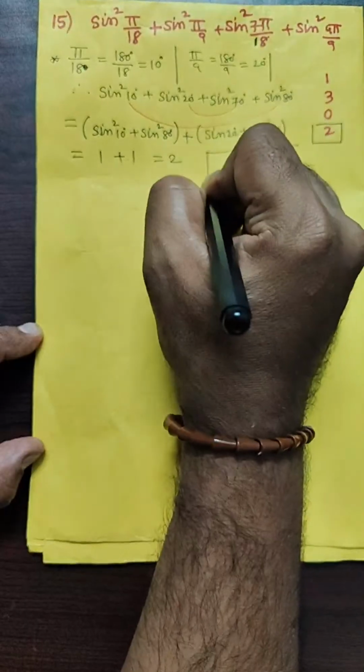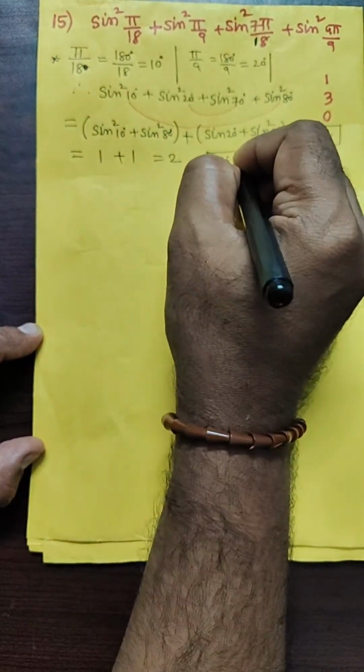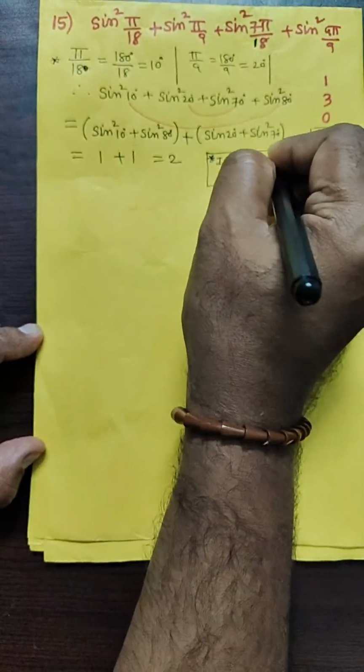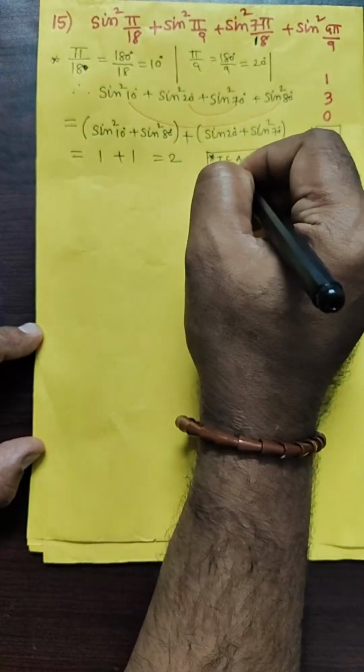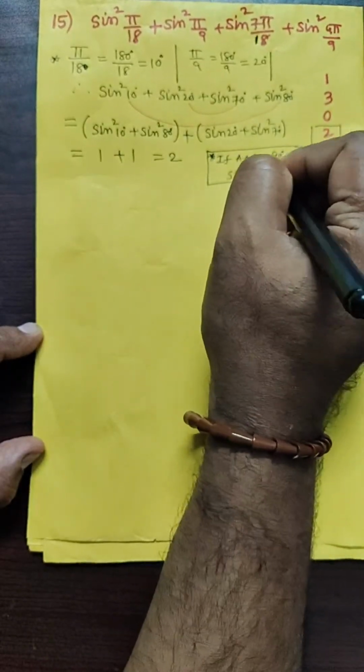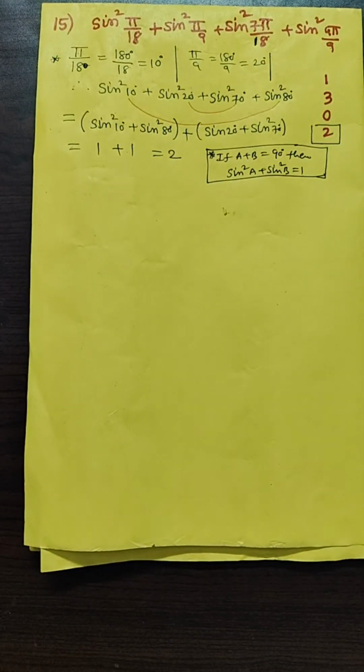We have the standard result formula: if a plus b is equal to 90, then sine square a plus sine square b is equal to 1. So by using this result, sine square a plus sine square b is equal to 1 if a plus b is 90.